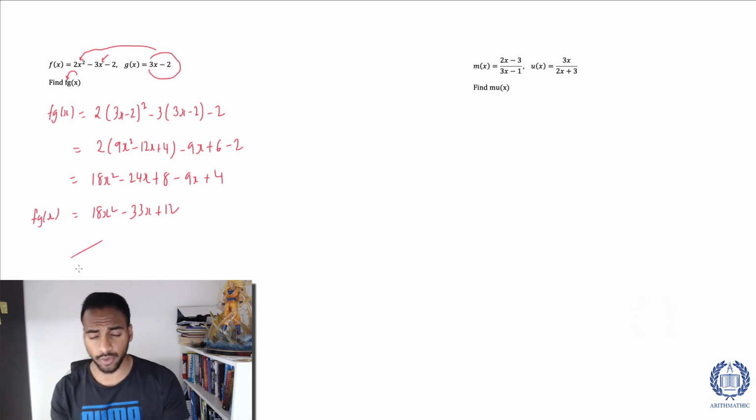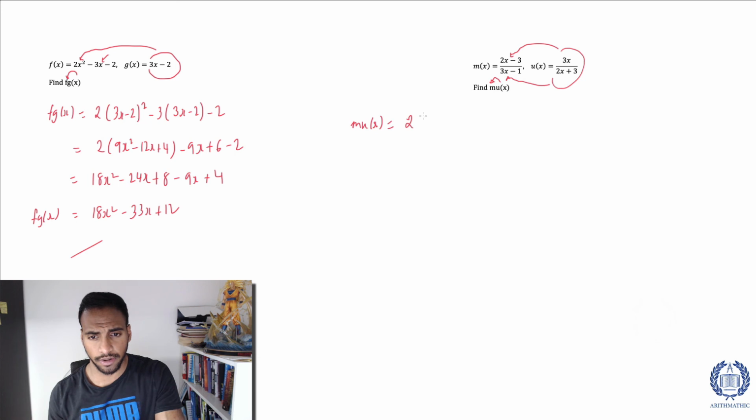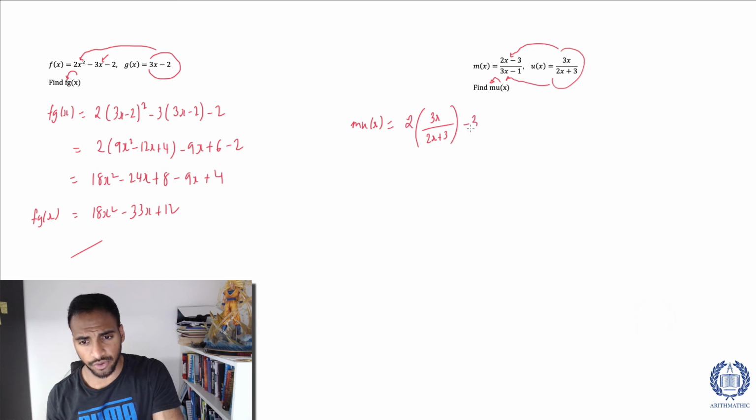Okay, now the next one, we're going to take u and sub it inside the m. So we're going to take all of this and sub it inside where we see x here and here. The way we're going to rewrite this is mu of x is equal to 2 bracket, instead of the x, we're going to have 3x over 2x plus 3, and then bracket minus 3 over, instead, if you don't want to write the line, you can just write divide, if it makes it easier for you, 3, instead of the bracket here, we're going to have 3x over 2x plus 3, and then minus 1.